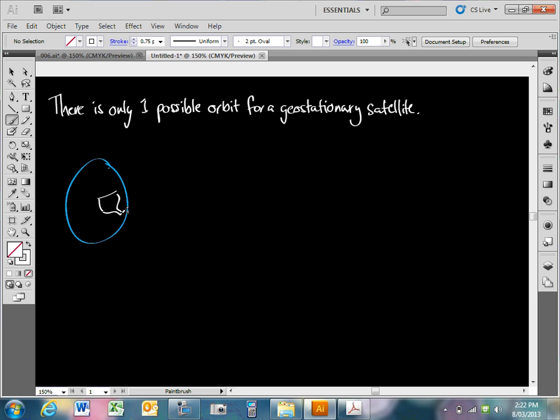They launch in this direction. Why? Fastest at the equator, yeah.